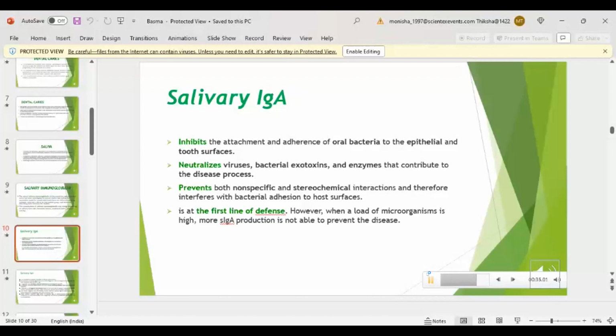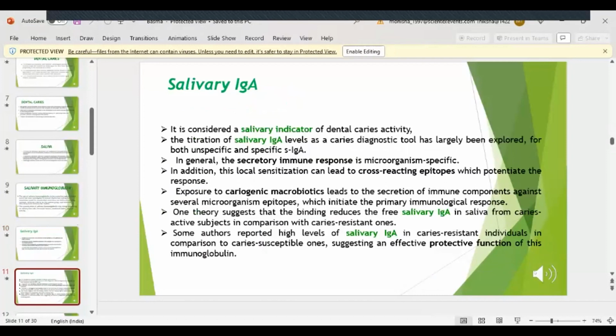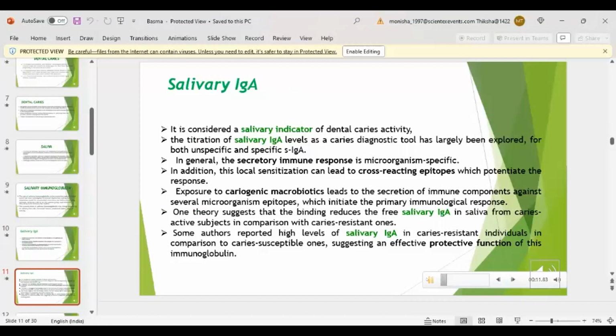It's the first line of defense. However, when the load of microorganisms is high, more salivary immunoglobulin production is not able to prevent the disease. So it is considered a salivary indicator of dental caries activity.